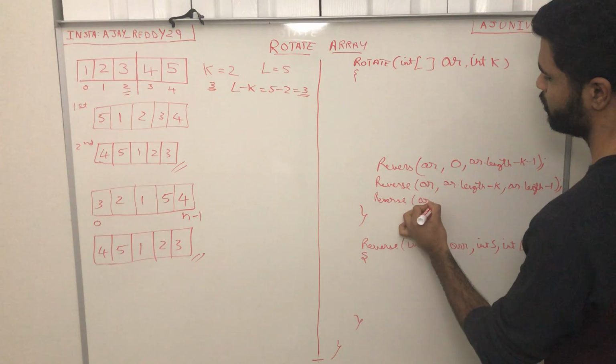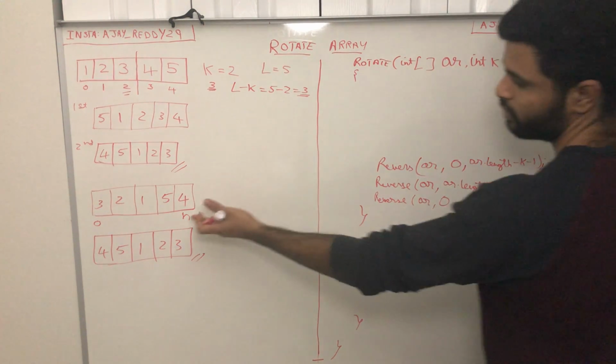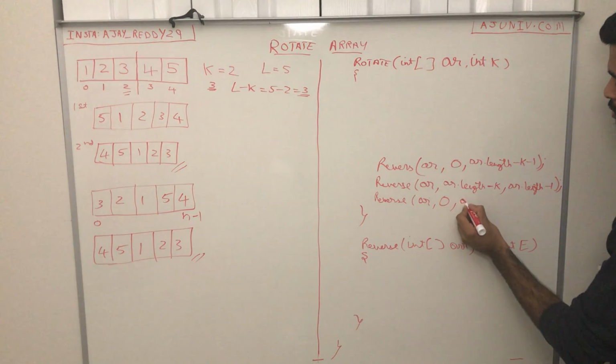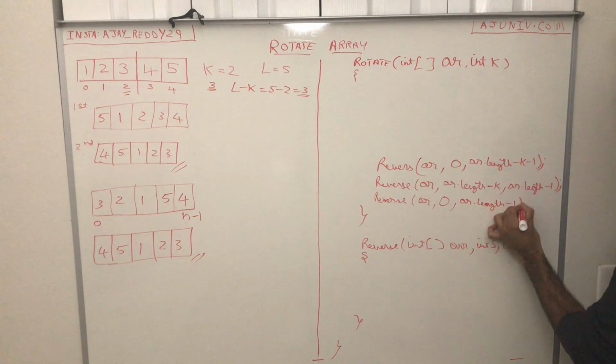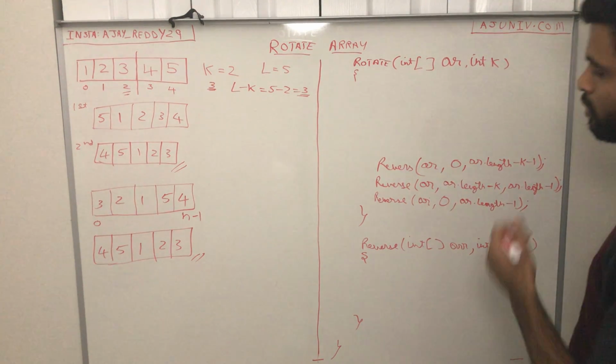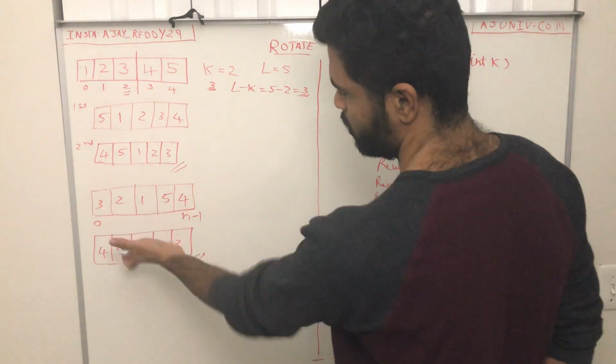I'll pass the array, the start index would be 0, and the end is the last index, length minus 1. After performing these 3 reverse operations, I will get the output.